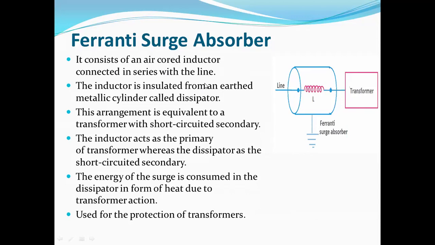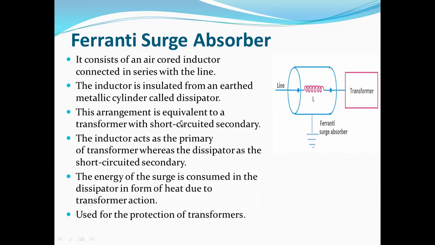This inductor is insulated from an earthed metallic cylinder called the dissipator. Means this inductor is insulated from this metallic cylinder, and this arrangement is equivalent to a transformer with a short circuited secondary.